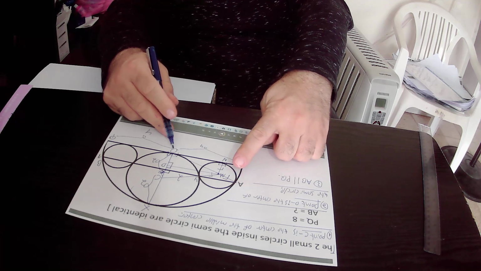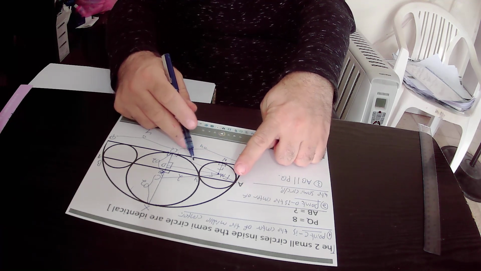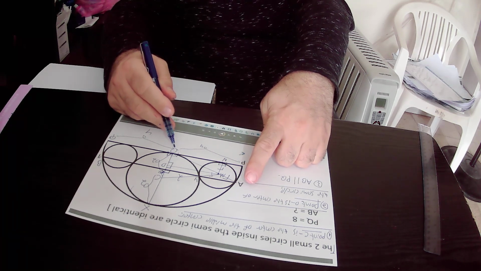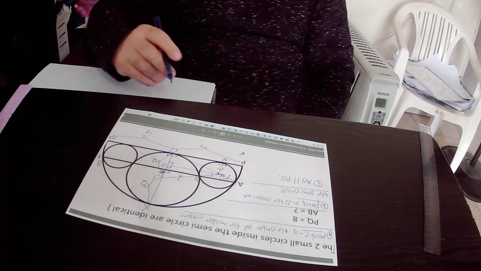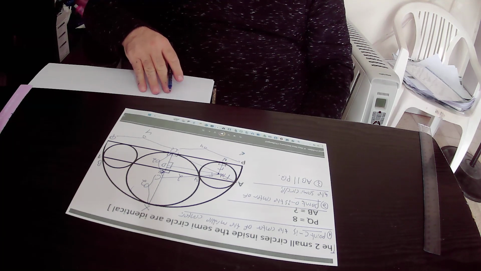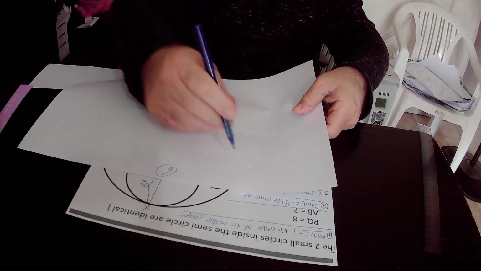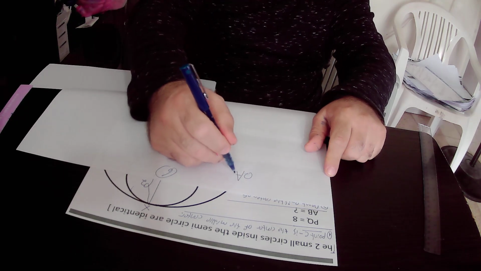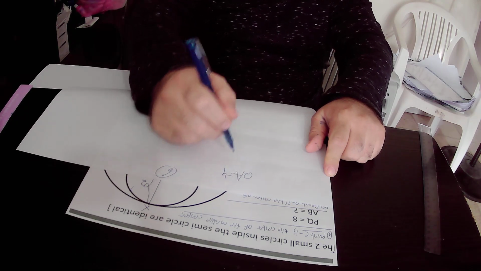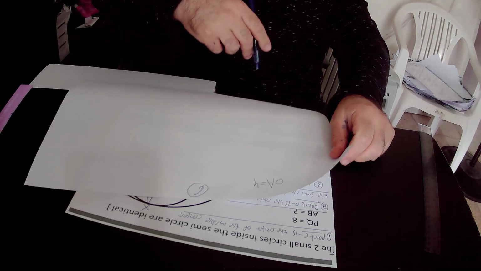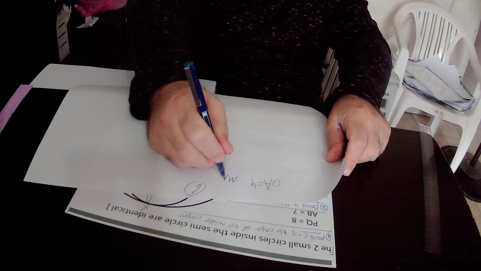Therefore, OA is the radius of the semicircle, that is to say, it equals 4 units, and MA equals R, the radius of the small circle.